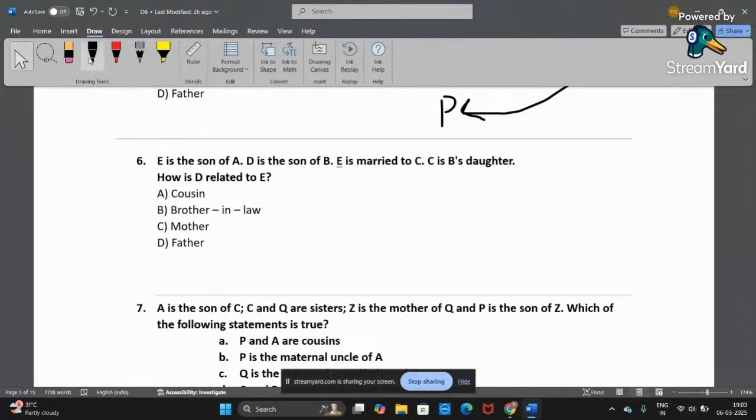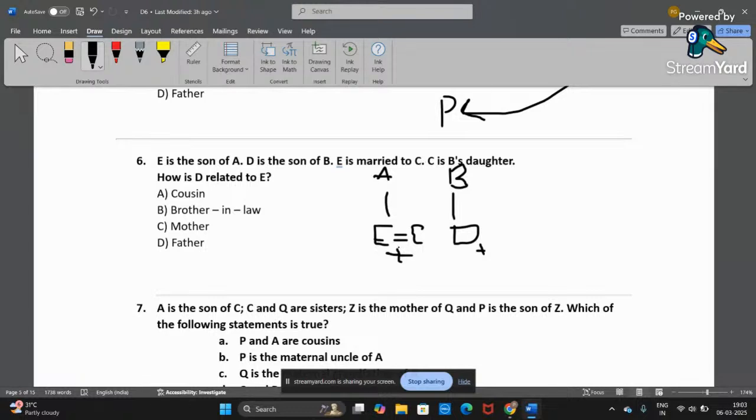Okay, first let us draw. E is a son of A. E is son, so we have to indicate with plus. Son of A. We don't know whether A is father or mother, so leave it like that. D is son of B. Here also we don't know whether B is father or mother. Okay. E is married to C. It should be indicated with the equal symbol. Up to here is done.